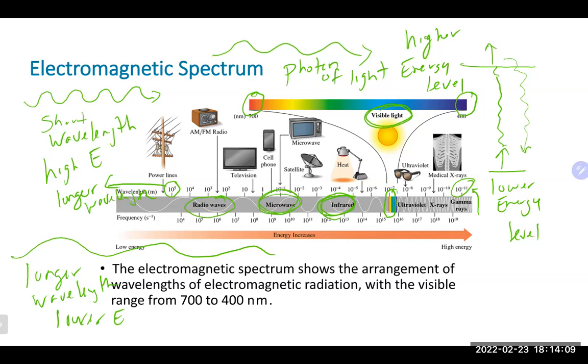After the visible part of the spectrum, we have the ultraviolet part, or UV. That's why we put sunblock on when we go outside in the sun, so we don't get too burnt, because it's not so good to absorb a lot of that energy. It's very high energy. X-rays also have a shorter wavelength and are much higher in energy. Why do they throw a lead vest on you and leave the room when they shoot the X-ray? That's probably a good idea. And then gamma rays are really just a radioactive ray.